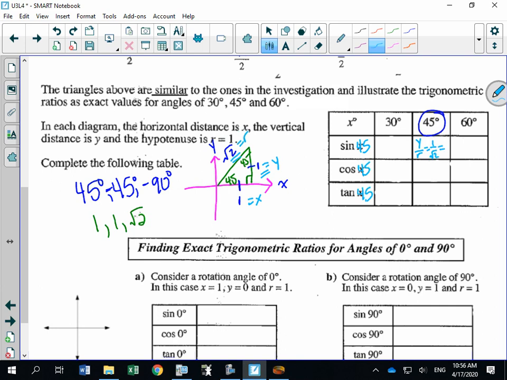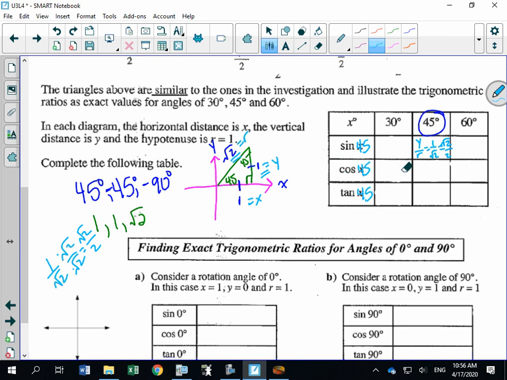And this we have to rationalize, which would be, if you rationalize 1 over root 2, you get root 2 over 2. That's the sine of 45 degrees.